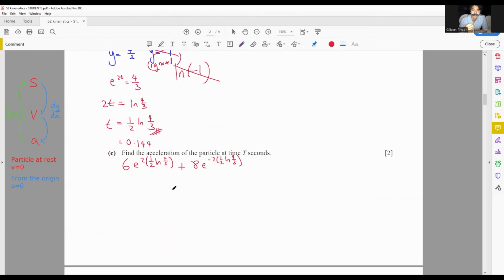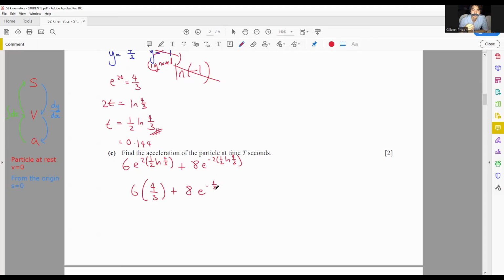Typing this into the calculator, this would just end up giving you 4 over 3 because e and the ln will eventually cancel. The half will cancel as well. So you get 4 over 3 here. 6 times 4 over 3 plus 8 times, again, e to the power of negative 2 times half ln 4 over 3, you get negative 4 over 3 like so.